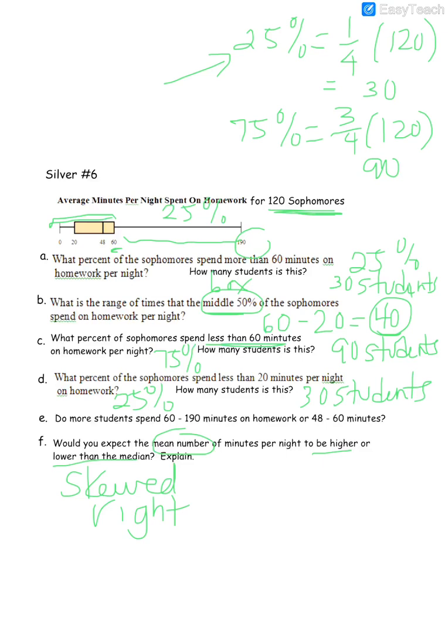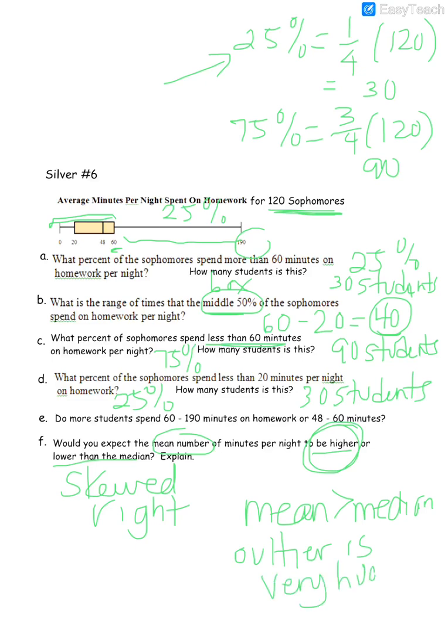It makes it higher. So mean is definitely greater than the median because it is skewed, right? Because the outlier is very high. Certainly 75% of the data is 60 and lower. This guy's way out of proportion to the rest of it.